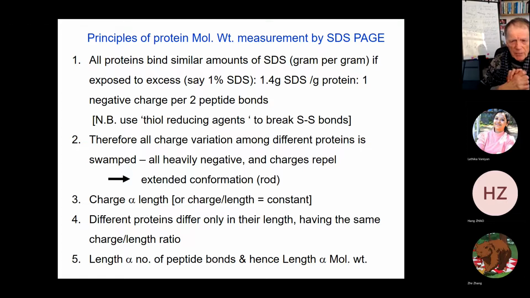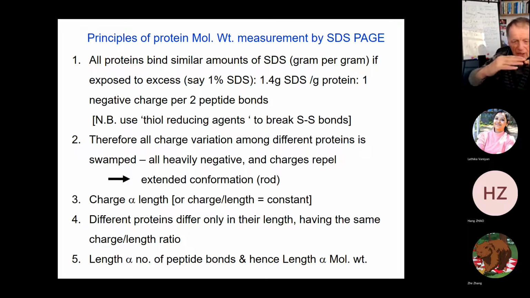So you break the disulfide bonds, and then you bind the SDS to the protein, and that gives one negative charge per 2 peptide bonds. So you confer on the protein molecule a very high and uniform negative charge, and this swamps out any small variations between proteins due to the different arginine, lysine compositions, or different aspartic acid, glutamic acid compositions.